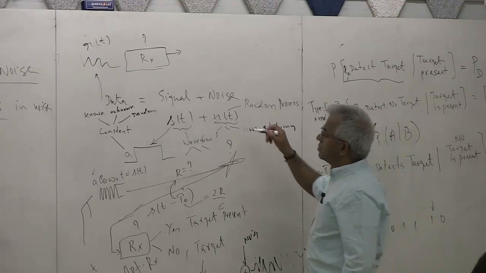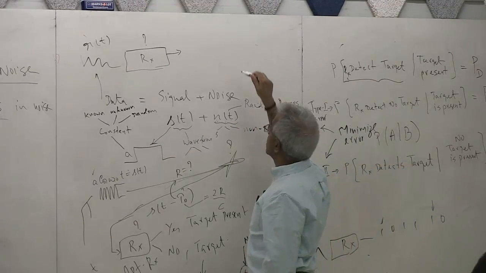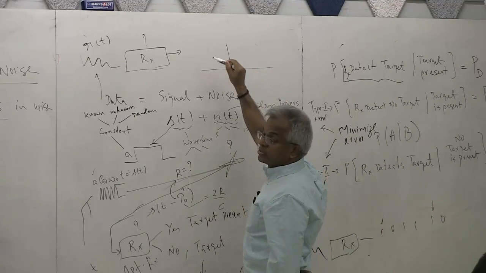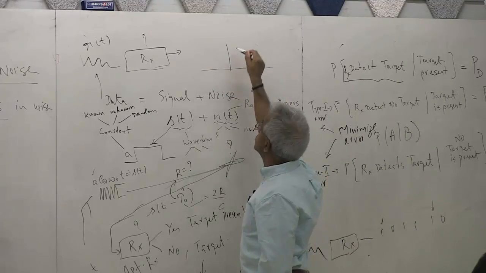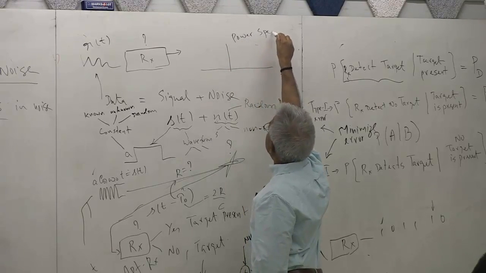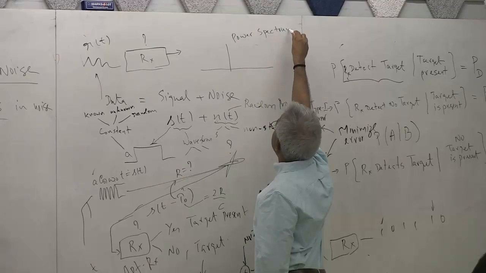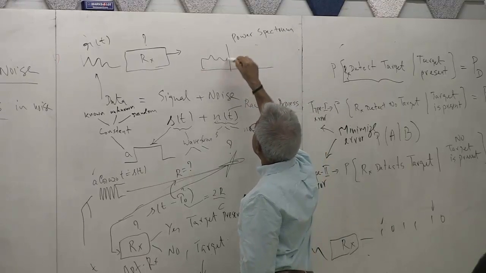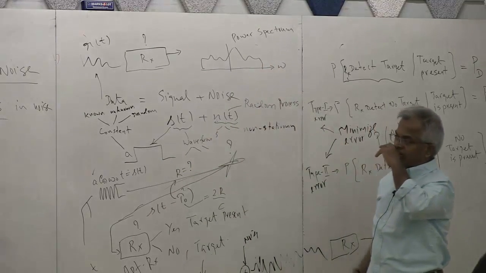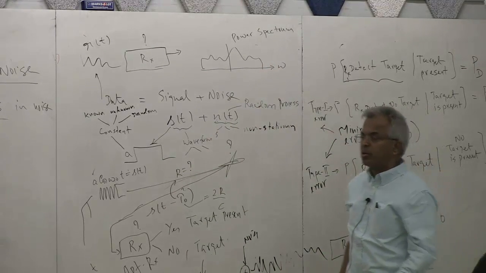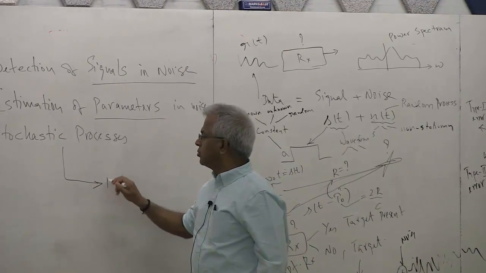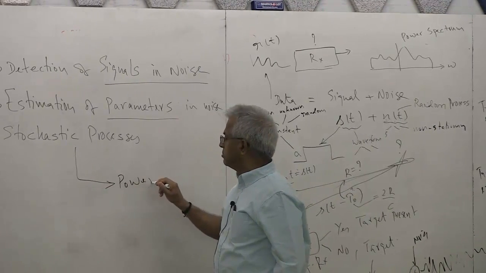But then the noise, at least for stationary processes, you can sometimes characterize through its power spectrum. Saying it like this has no meaning yet, but when we do stochastic processes, one topic is how to define the power spectrum.